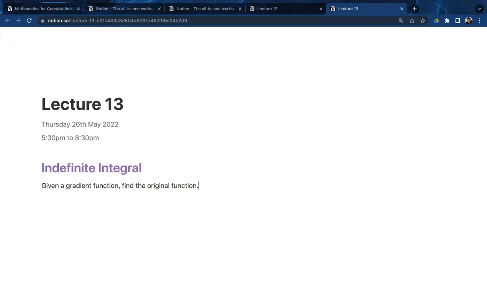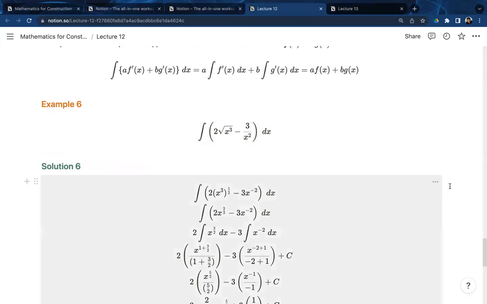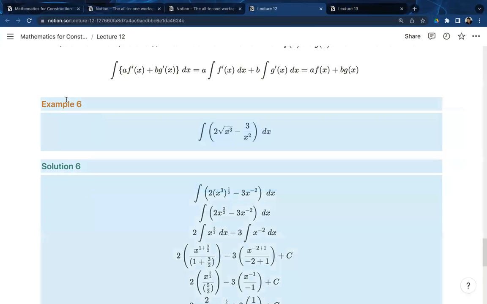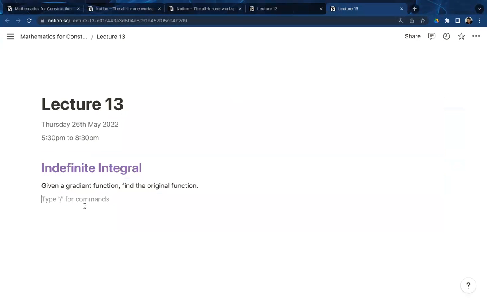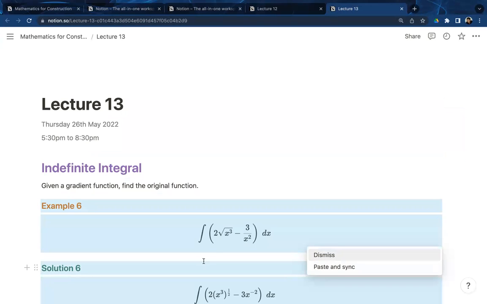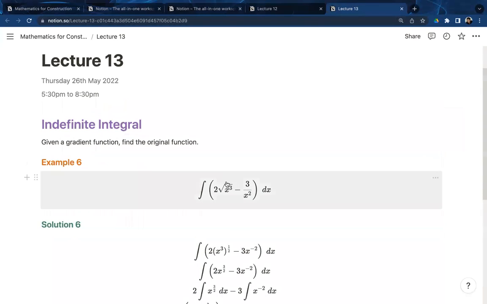Essentially, that's what an indefinite integral is, right? Let's do an example.